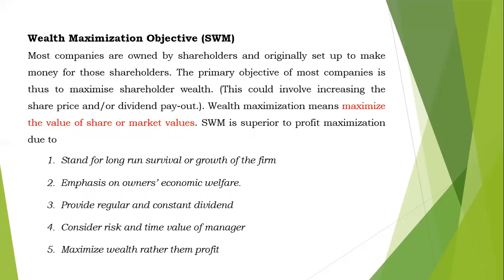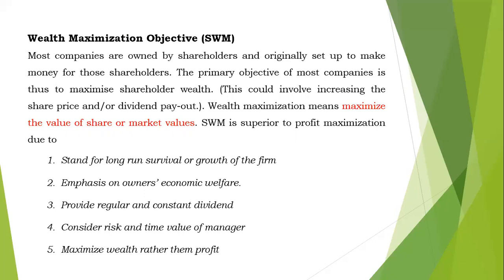Okay, the wealth maximization objective is superior to profit maximization for a number of reasons. Some of them are listed here. First, it sticks to the long-term perspective of the business, the long-term survival of the business. Second, it emphasizes the economic welfare of the owners. We stick to evaluating the owners' economic welfare.